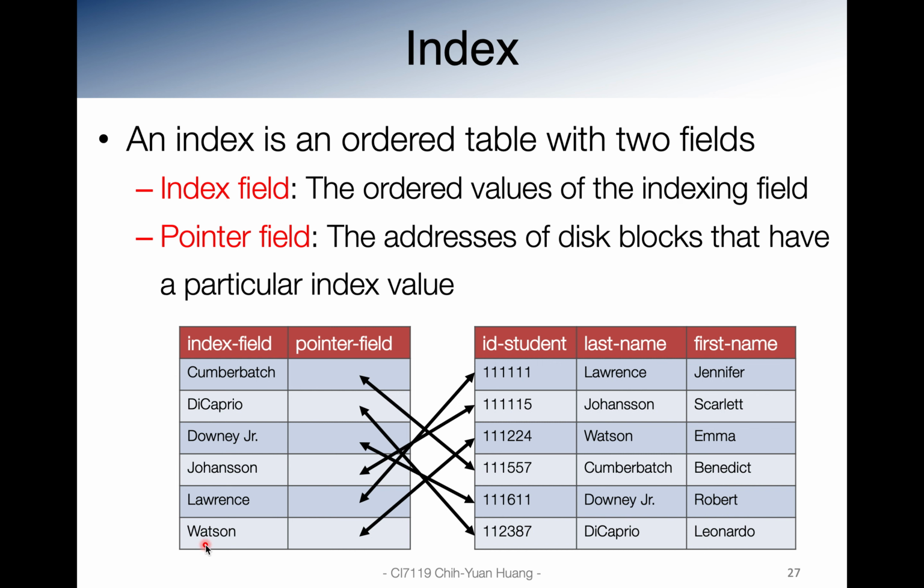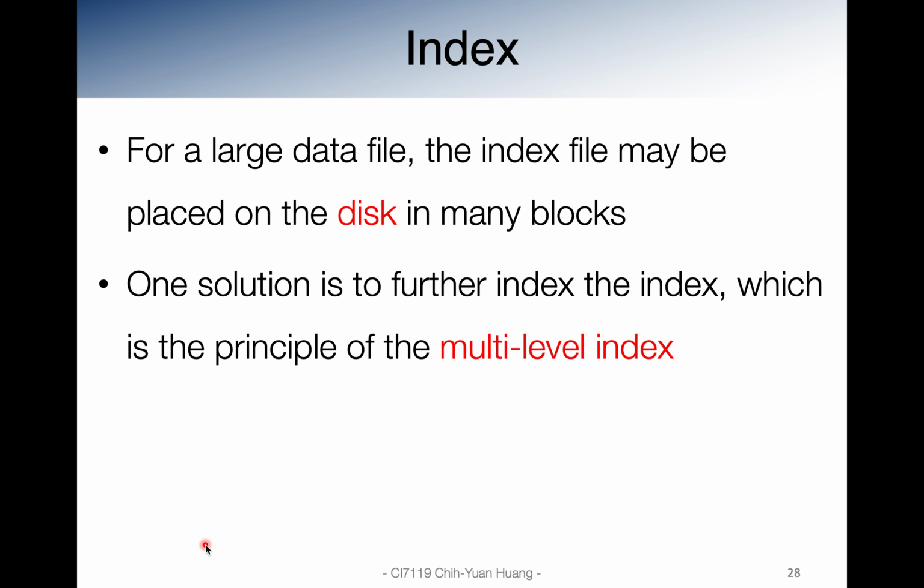So that's the structure of an index, and also how it benefits the query performance. However, for a large data file, the index file may be placed on the disk in many blocks.